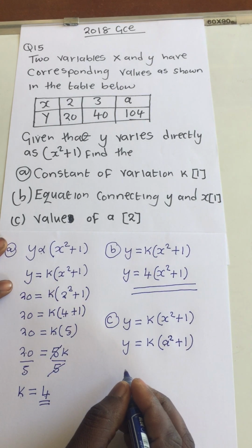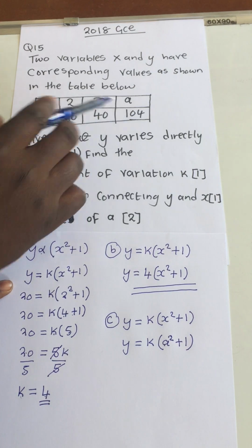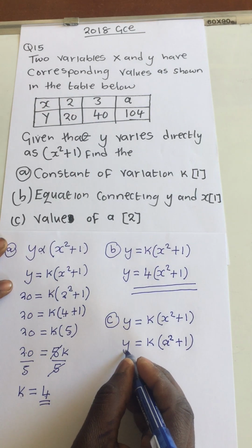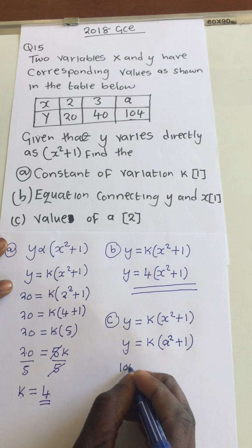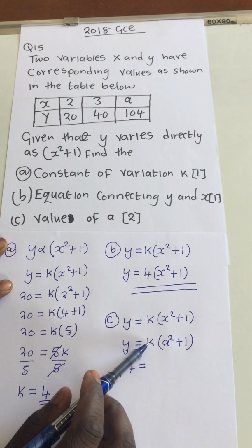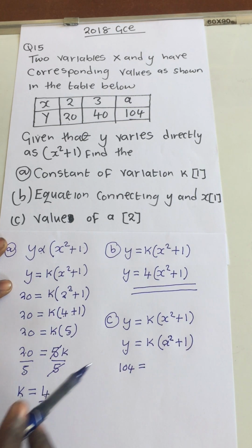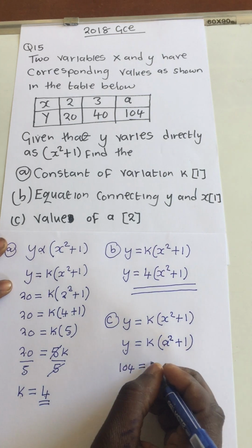Since you know that y is 104, where there is y you put 104 equals. And the value of k is 4, so where there is k, you put 4.